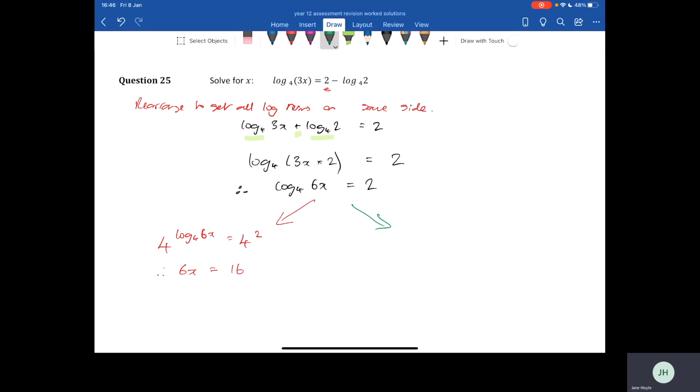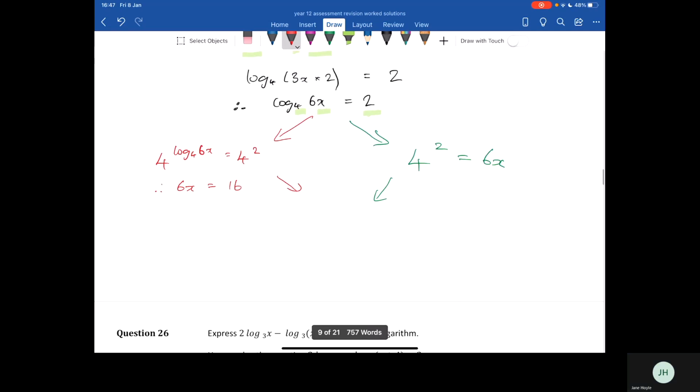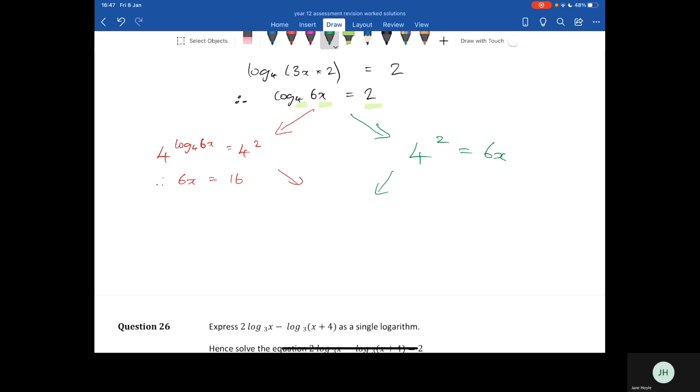Or alternatively, just rewrite it thinking, okay, I have got a base of 4, I have got a power of 2, and that is equal to 6x. You can see that I've got exactly the same. In each case, we just end up with 6x equals 16, and x is 16 over 6, which is 8/3.